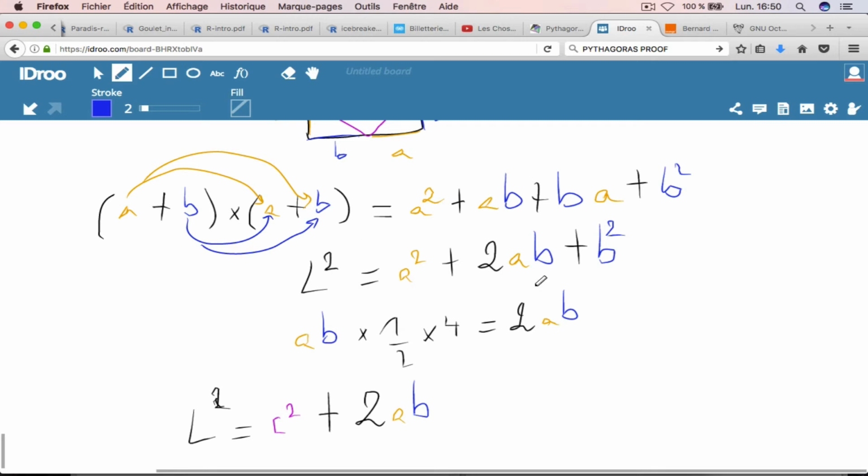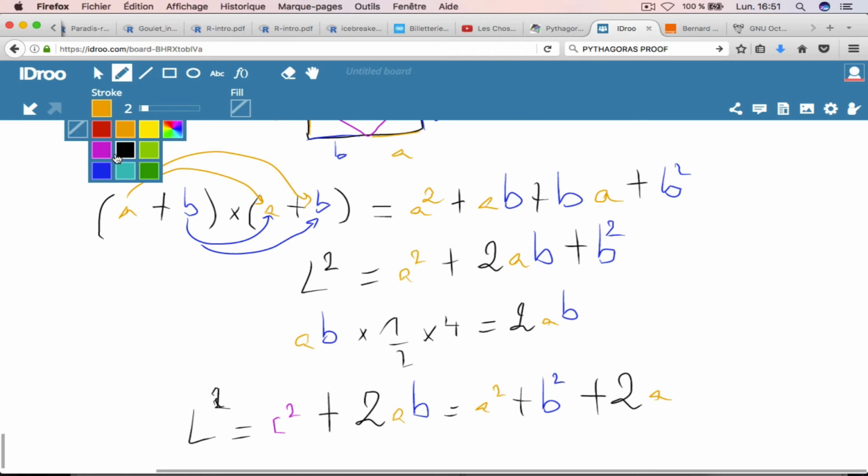But we have computed with the first part that L squared is A squared plus B squared plus 2 times A times B. So think about a balance.